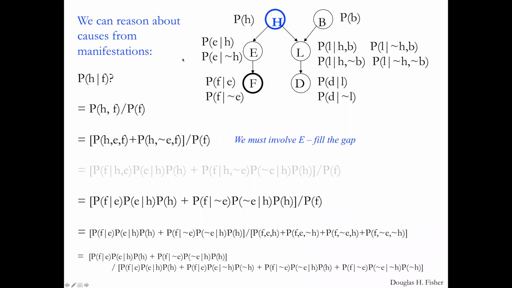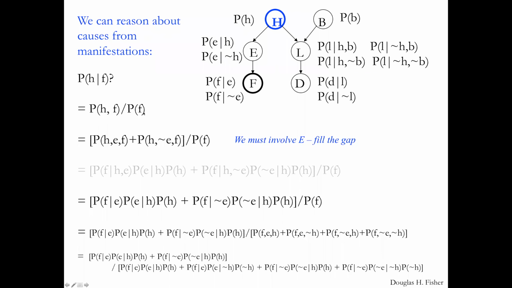We've been reasoning from causes to manifestations, in this direction, but we can also reason in the other direction. Given symptoms or manifestations, we can reason about the causes or the possible causes. Again, I can simply rewrite this as two joint probabilities and then solve those independently.